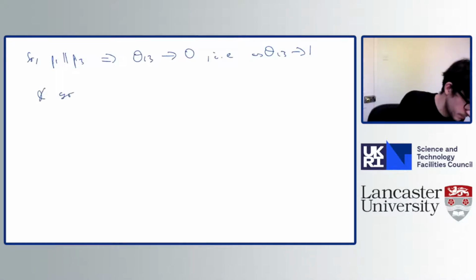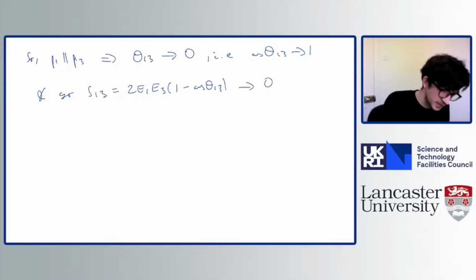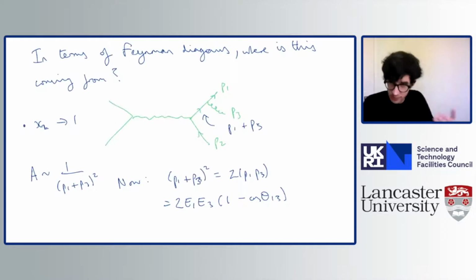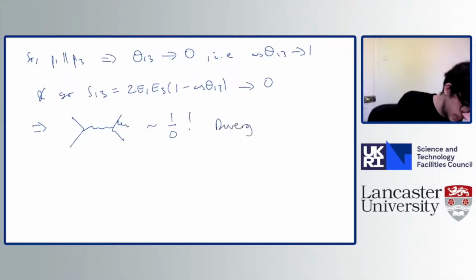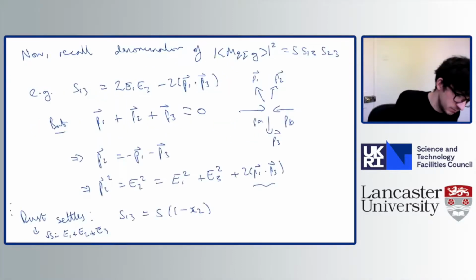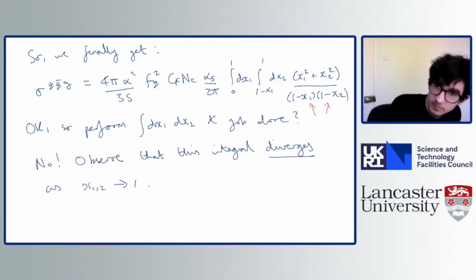And so S13, as I've just written it, goes to 0. Then we look back at the Feynman diagram and it's precisely a propagator, 1 over that thing, which is there. Therefore, this thing is like 1 over 0, if you like, it's diverging. And that is nothing other than the 1 over 1 minus x thing that we saw there. That's where it's coming from.